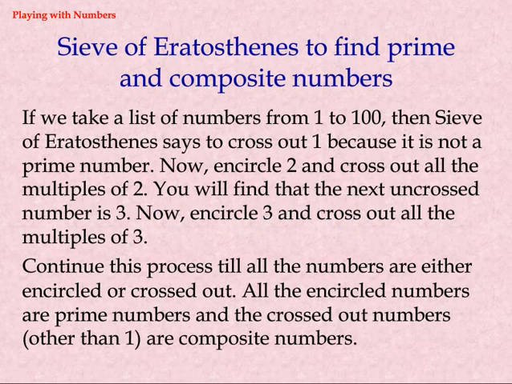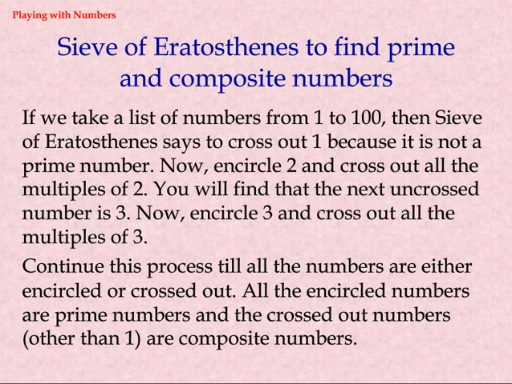Sieve of Eratosthenes to find prime and composite numbers. If we take a list of numbers from 1 to 100, then Sieve of Eratosthenes says to cross out 1 because it is not a prime number. Now, encircle 2 and cross out all the multiples of 2. You will find that the next uncrossed number is 3.